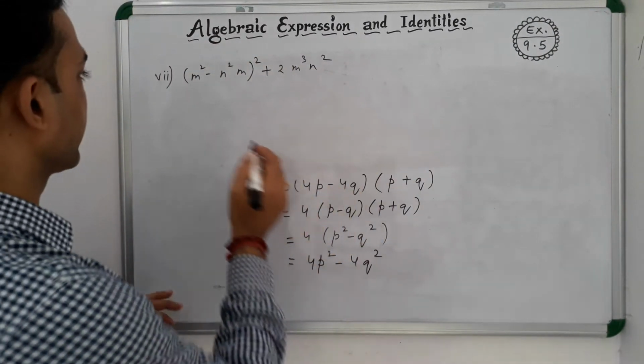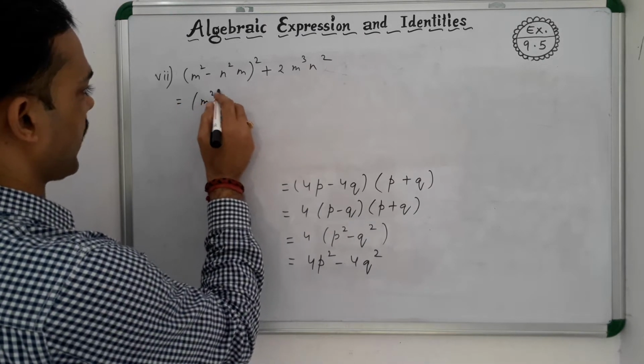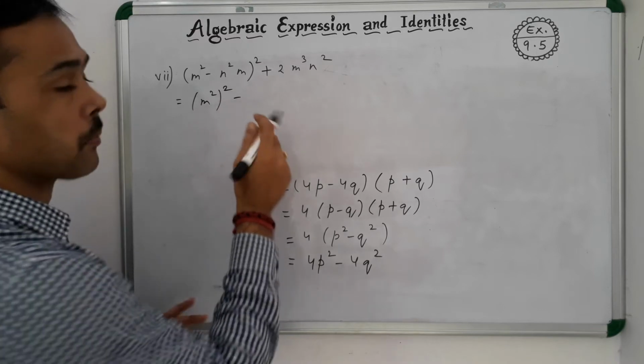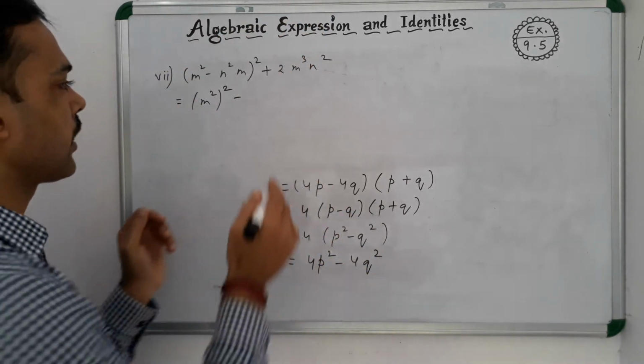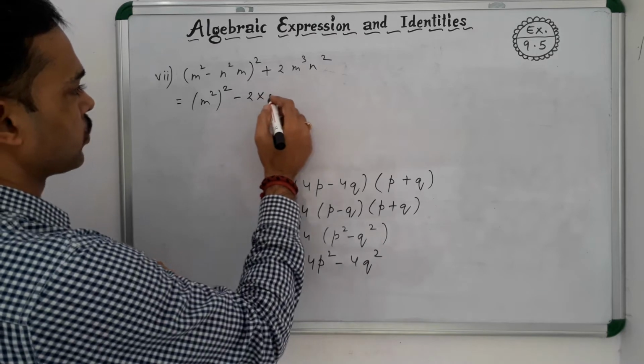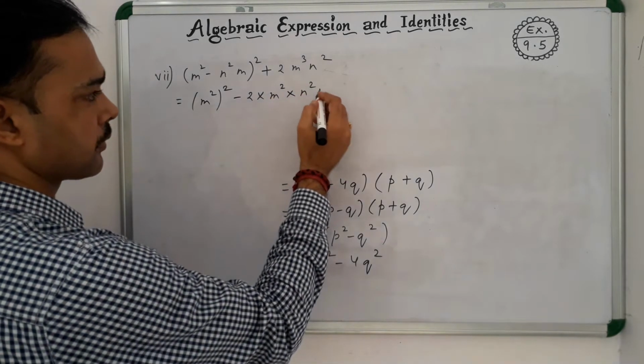Now let us solve this. So this will become m square whole square minus 2ab, because we are doing a minus b whole square, into a into b.